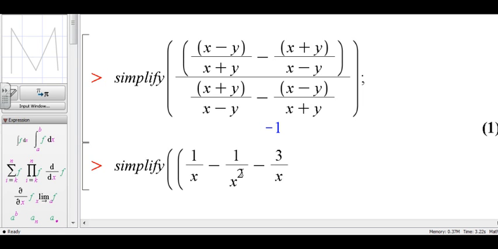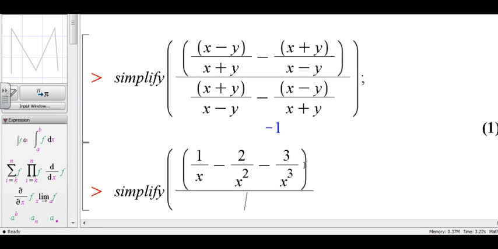Is it 1 over x squared? That's 2 over x squared, isn't it? Why, is your book different than mine? No, I don't have a 2 up there. 2. Right. Close parentheses. Divided by.